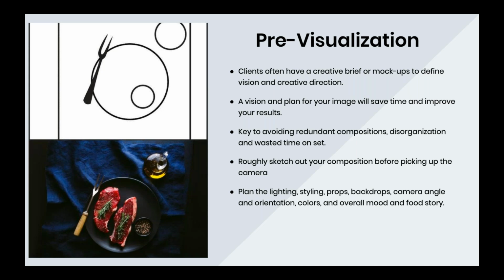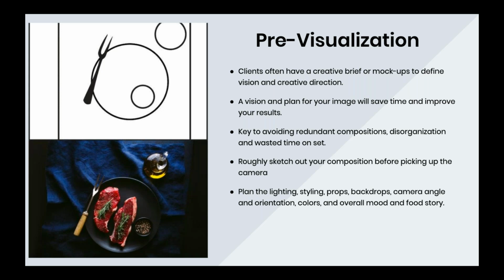So this image is an example. This is a sketch that I did when I was thinking of shooting this steak shot. It's just been digitized, so it looks a lot better than what I drew. But it's very simple. I went into this shoot thinking, okay, I have steak. Raw meat is not very attractive to shoot. How can I make this look better? I really wanted to have sort of a steakhouse feel.